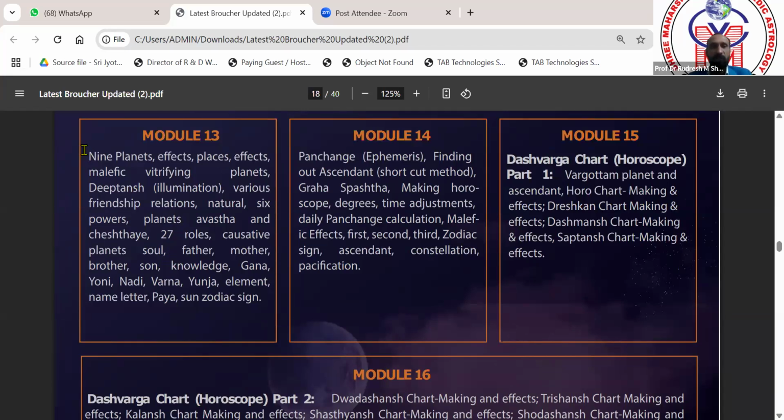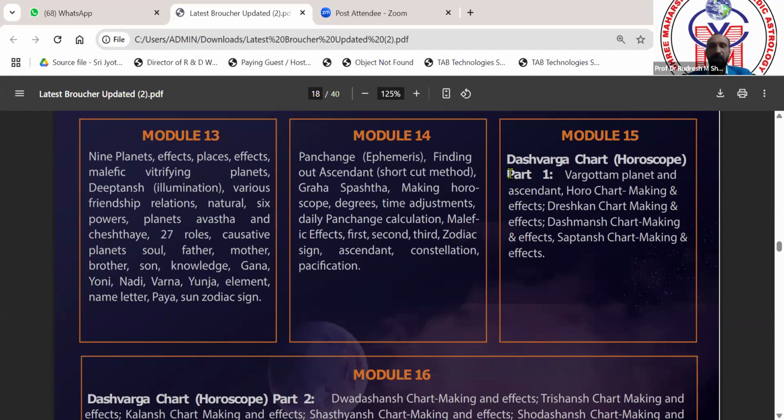So module 13 consists of the planets and their relations and their avastha, and also based on the degree of planets. Module 14 will be on Panchanga. So how to see a Panchanga, how to find the ascendant, how to fix the planets and their positions in the horoscope, so that you will be able to generate a horoscope manually by using the Panchanga.